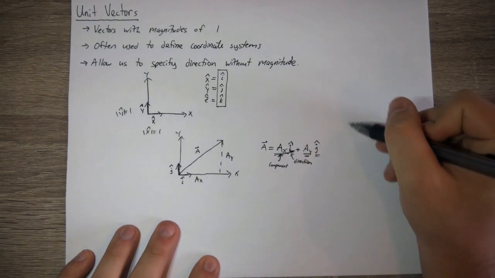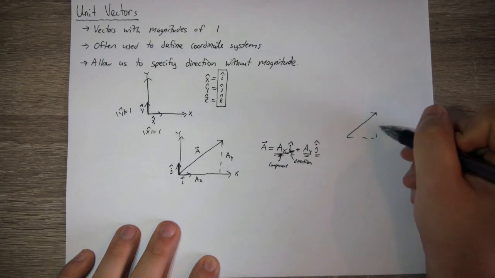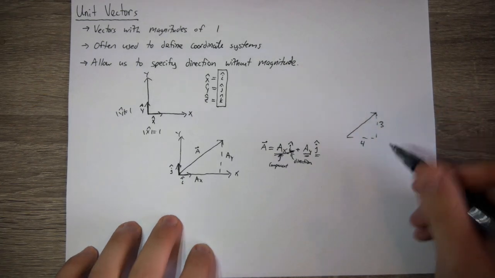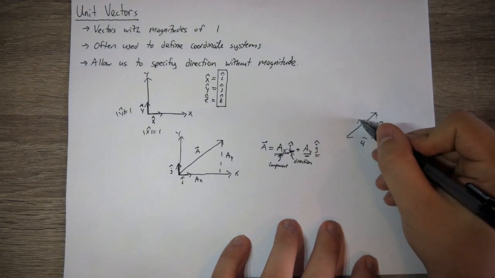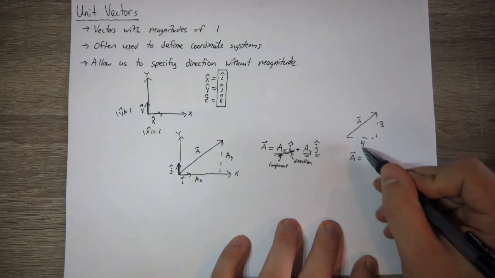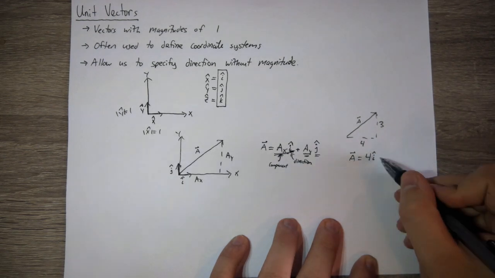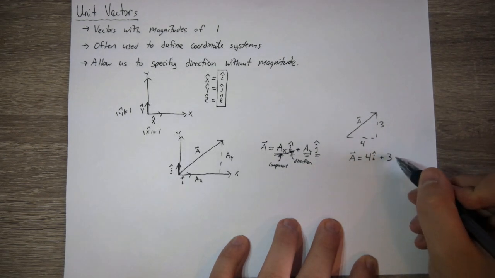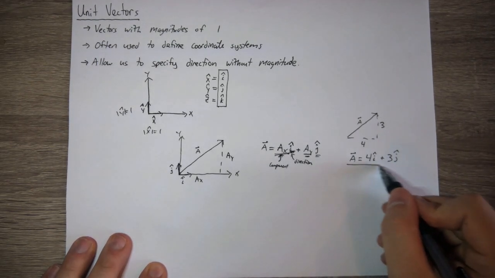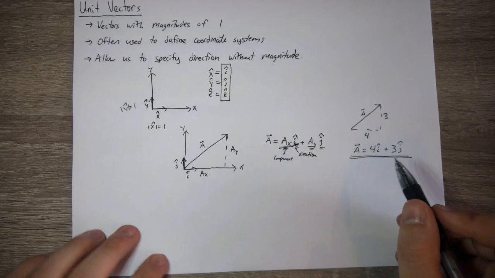So if I had a triangle of, let's say this is 4, this is 3 or something like that, and this is A, we would say that A is equal to 4 i hat plus 3 j hat. And that's the notation that we can use here with these unit vectors.